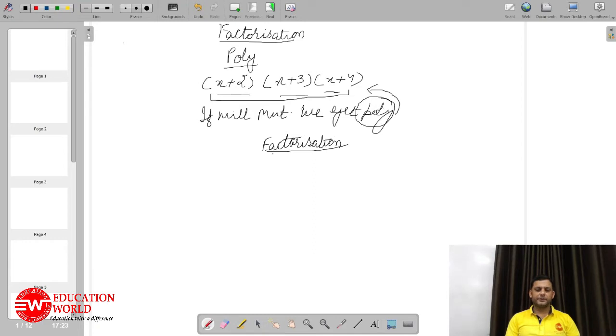So it is actually a very interesting topic. The first method is by taking common. Then another one is by grouping.